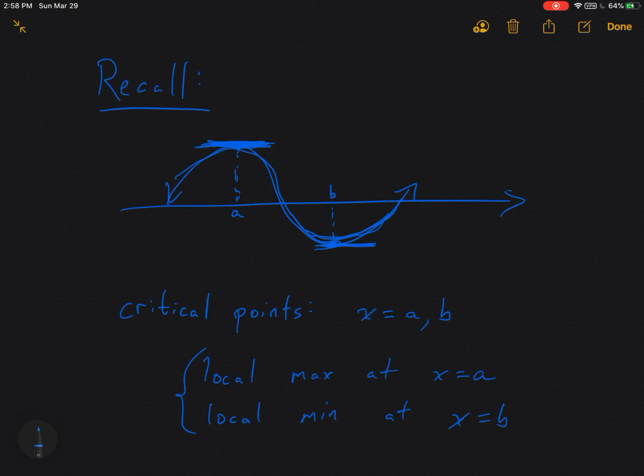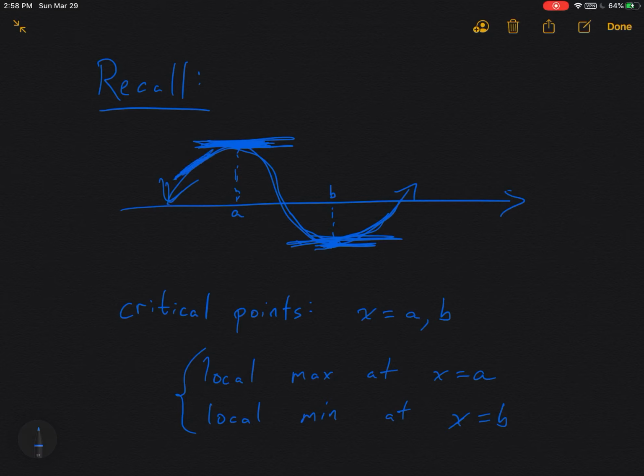Conversely, if I wanted to be minimizing this function, then I would want to be down here, because this is where the minimal y value is attained, at least in the part of the function that I've drawn so far. Remember, the first derivative test told us that we could start finding candidates for these local maxes and local mins by noting that both of these are what's called a critical point. A critical point is where the derivative is 0.